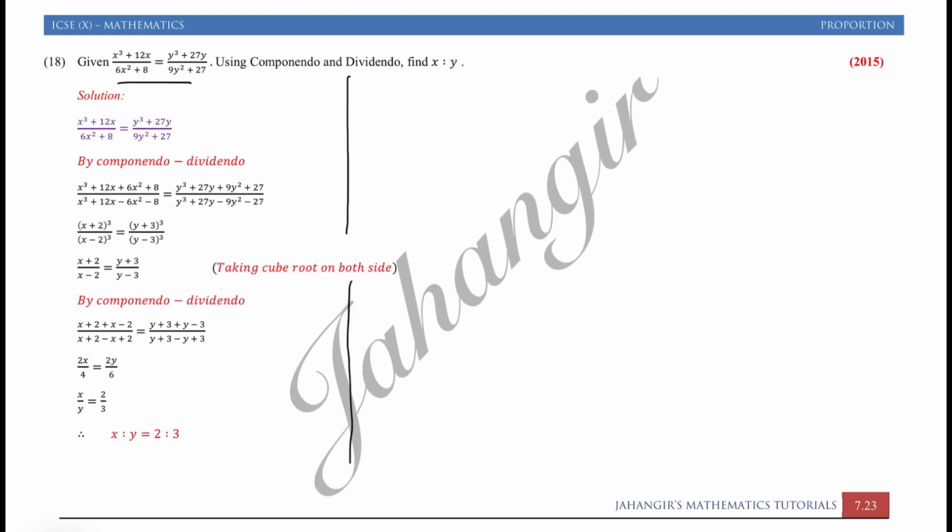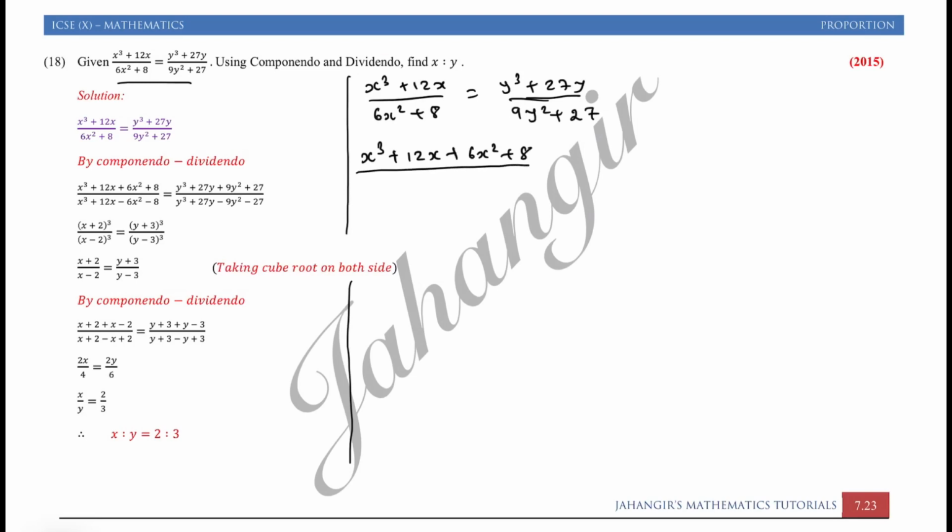Given that x cube plus 12x upon 6x square plus 8 is equal to y cube plus 27y upon 9y square plus 27. If you take componendo dividendo, here you will see that terms are not the same, but still if we are taking componendo dividendo, we will get identity of cube. How we are getting, I will explain to you.